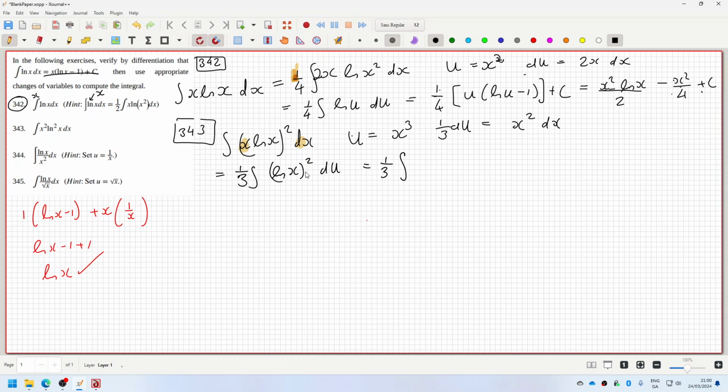Now I have to do something about the x here. So if I change this, I made a mistake, I see now. If I change this to 1/3 times 3 and bring the 3 up, so that'd be 1/3 log x cubed squared du.